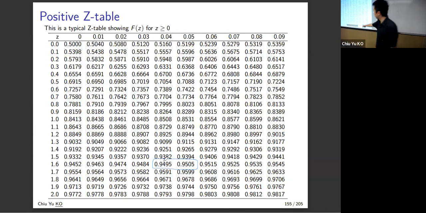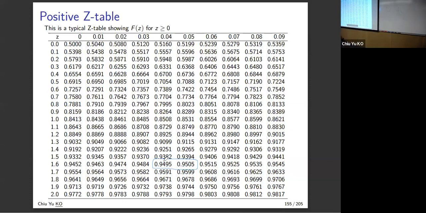Hopefully it's clear why it is here, between 0.95, so you can put 1.64 or 1.65. Usually you take somewhere in the middle, 1.645, but any number in between will be fine.